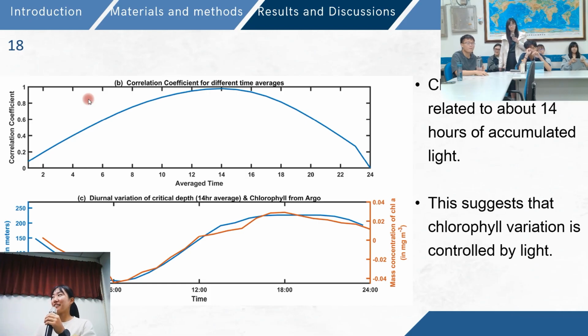It accumulates something by a formula, so from its results we can see the chlorophyll. You need to accumulate 14 hours here. They need time to store their energy to change to the chlorophyll.